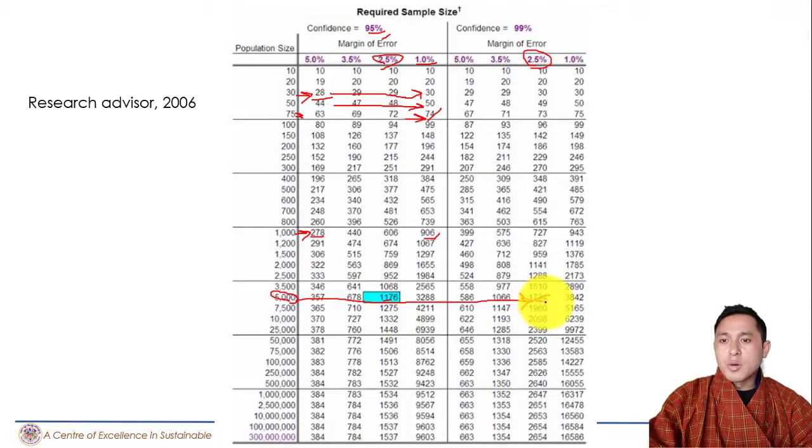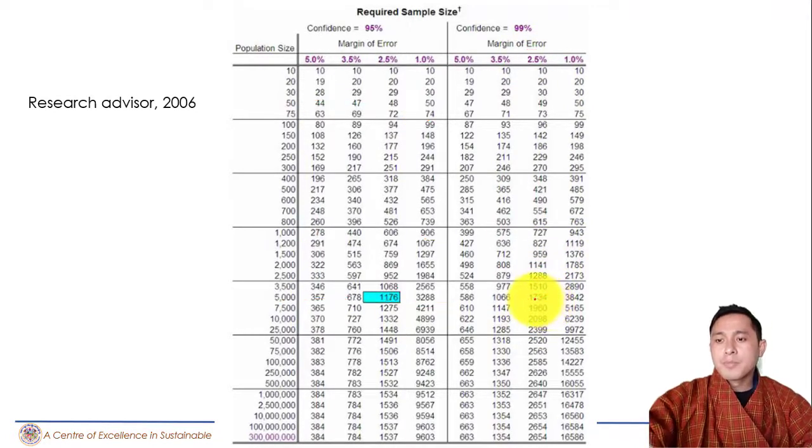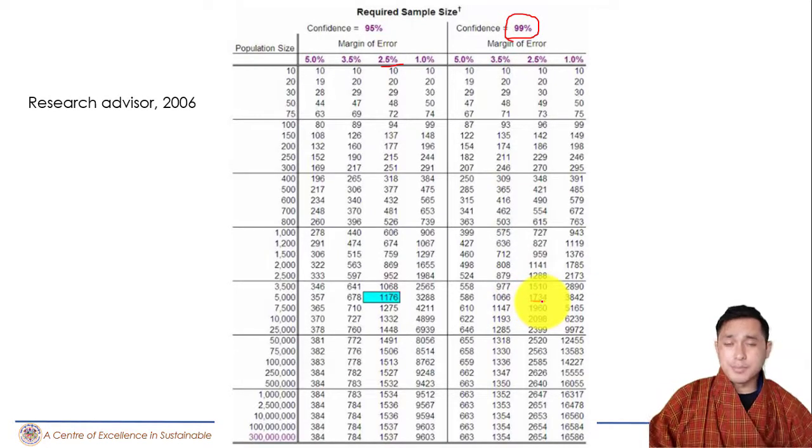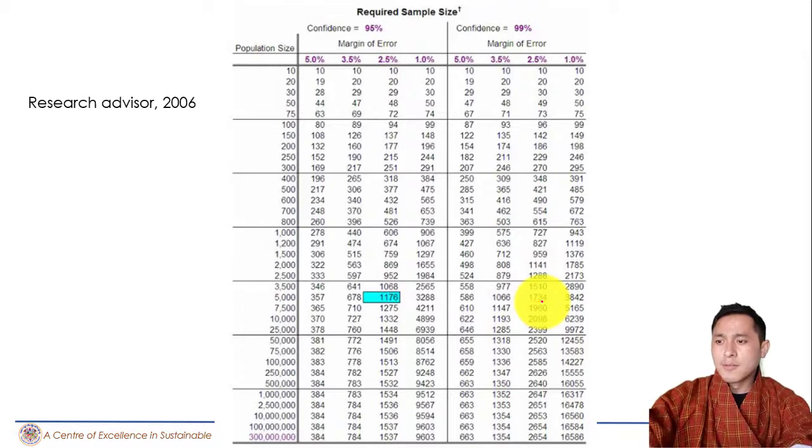We need to take around 1734 people here, which we just took 1176 here. So again, the higher the confidence level, the higher the sample size.